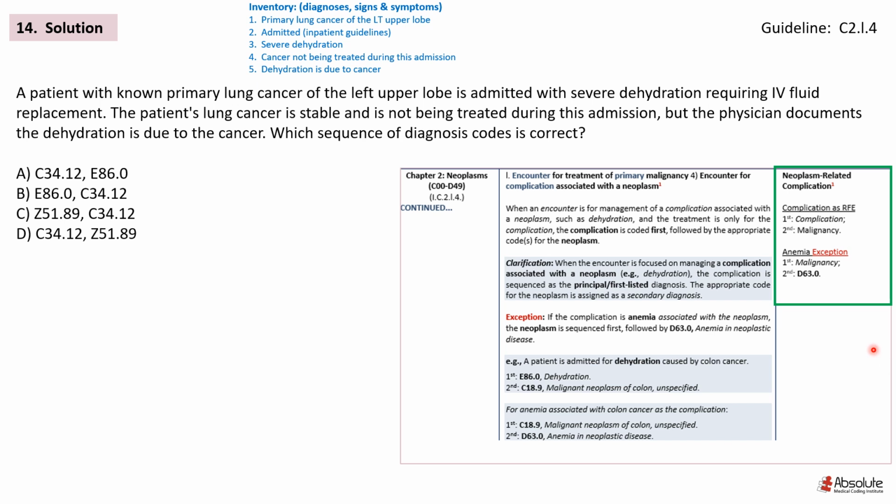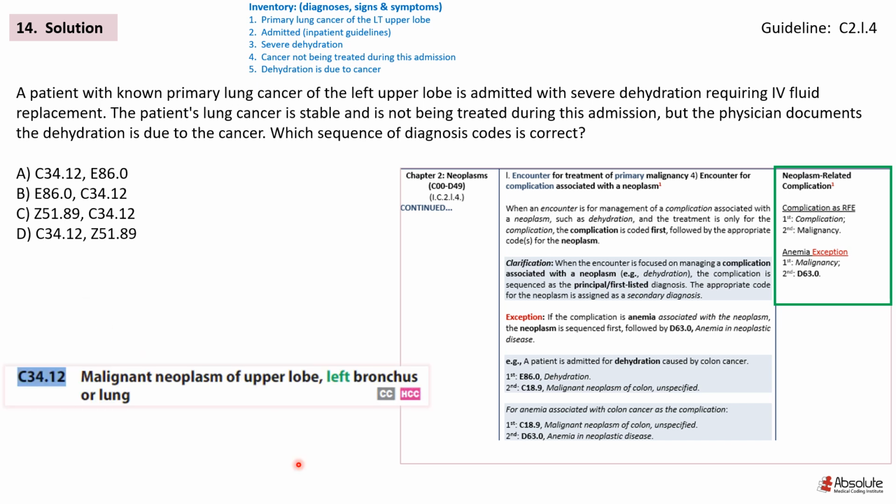You could probably eliminate quite a few things here on sight based off of that, but let's take a look at this C34.12 code, which is malignant neoplasm of upper lobe, left bronchus or lung. We like this code, but it is the malignancy code, so we are not going to sequence it first. So we are going to eliminate A and D because it's sequencing it first.